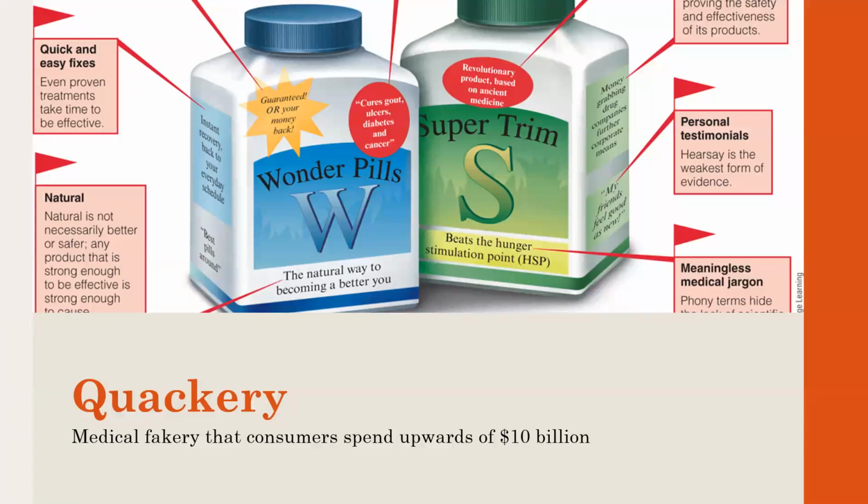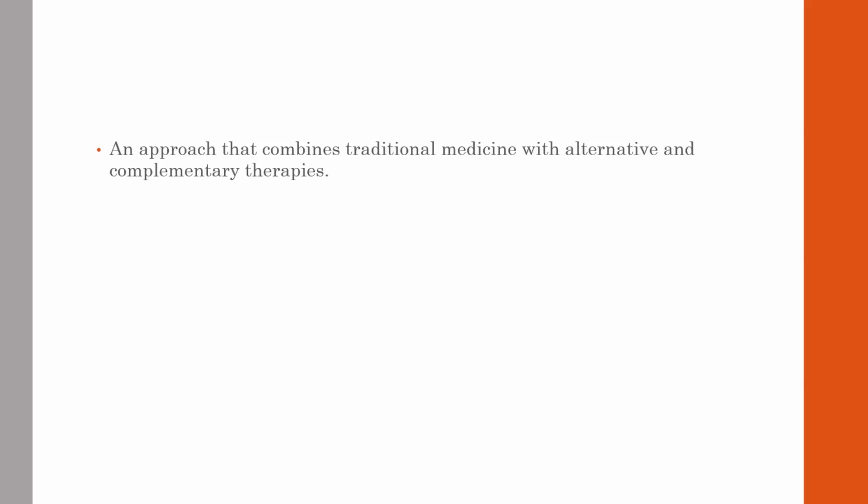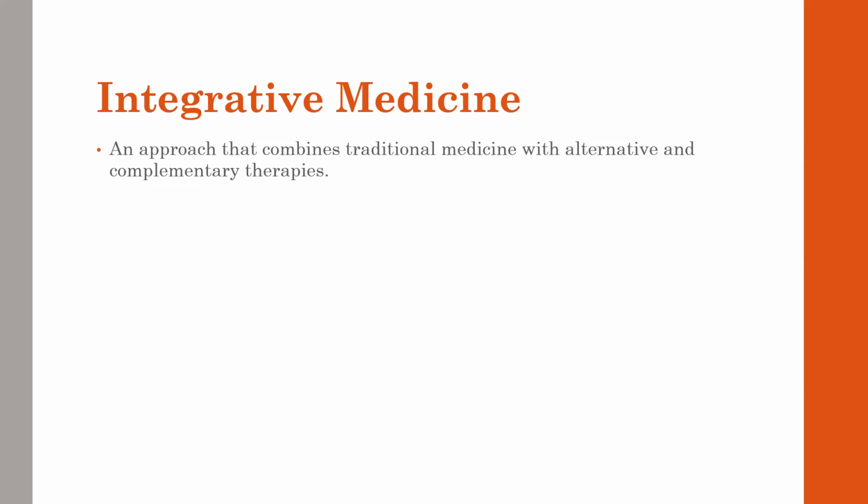Any product on the market that advertises that it is a quick and easy fix, where there's personal testimonies on the packaging, or they use meaningless medical jargon, or guarantee your money back, are indications that it's probably not a reputable product. An approach that combines traditional medicine with alternative complementary therapies is integrative medicine.